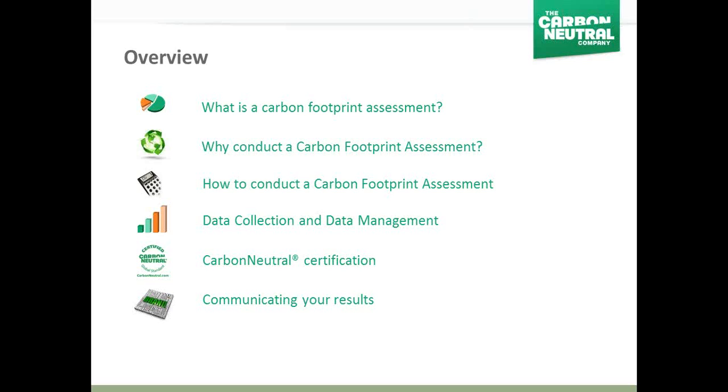Then we will cover the reasons and the value behind conducting a carbon footprint assessment. This is where we show you how to extract as much value as possible from your results and really take advantage of your work. Again, we will use our own footprint to explore the value that the Carbon Neutral Company gains each year from our own results. And then we'll look at what is involved in the process.